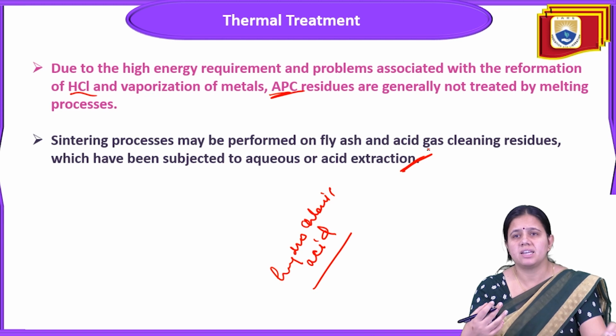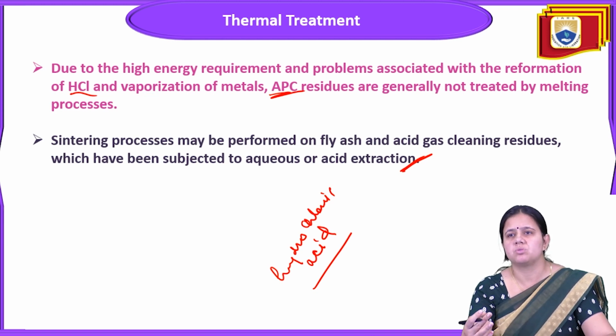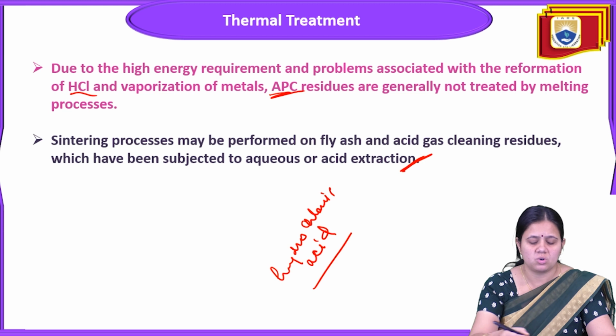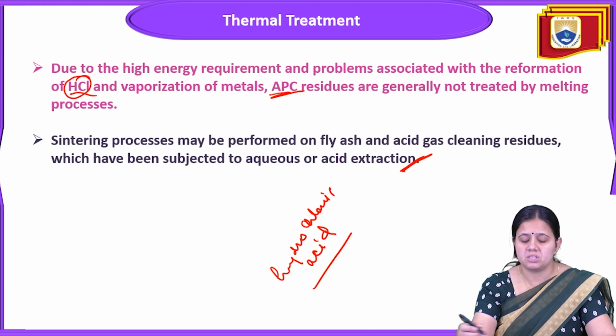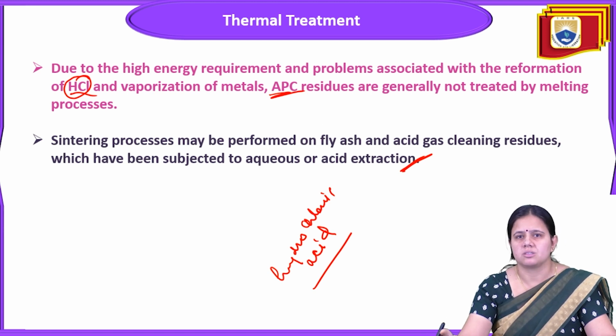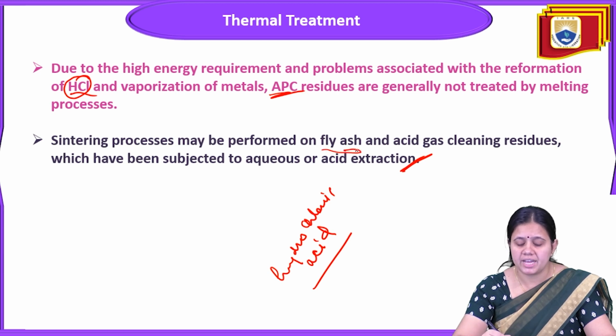So with the high energy requirements and the problems associated with the reformation of hydrochloric acid and vaporization of metals, APC residues are generally not treated by melting processes. And the sintering process may be performed on fly ash and acid gas cleaning residue that has been subjected to aqueous as well as acid extraction.